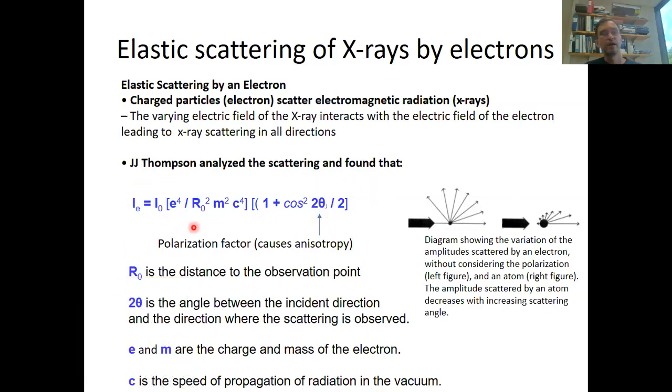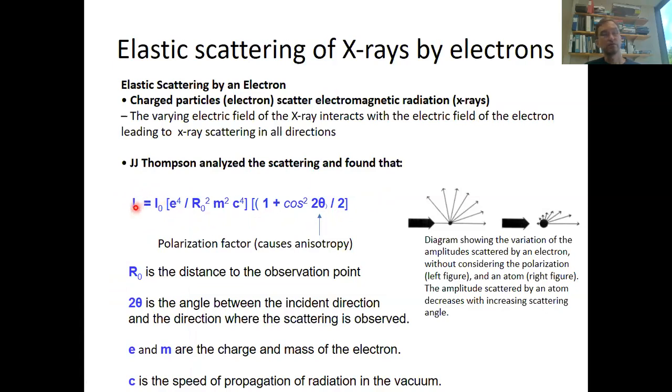Okay, and that tells you the intensity of the scattered X-ray based on the intensity of the initial X-ray beam that interacted with the particular electron. Okay, so let us analyze this term here.